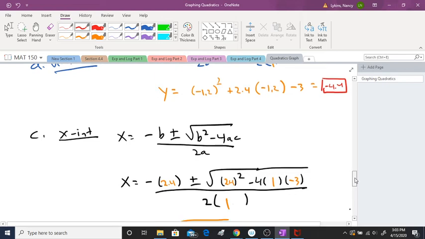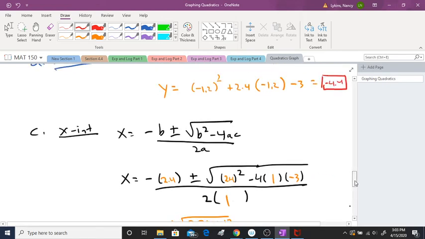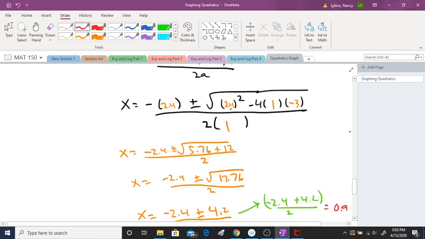Now, minus 2.4 plus or minus the square root of 2.4 squared, which is 5.76, and then minus 4 times 1 times negative 3, which gives me a plus 12 right here, all over 2. Then I add my 5.76 and my 12 together to get 17.76 under the square root.